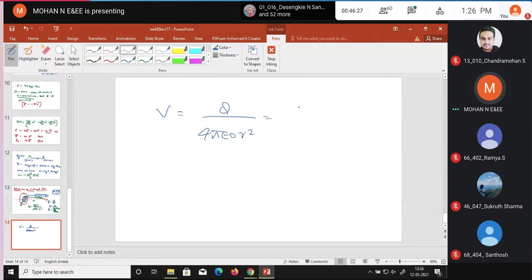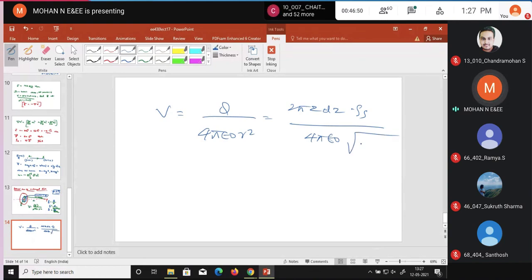So Q is now 2 pi z, the radius of the annular ring, into dz into rho s, divided by 4 pi epsilon naught square root of z square plus x square.